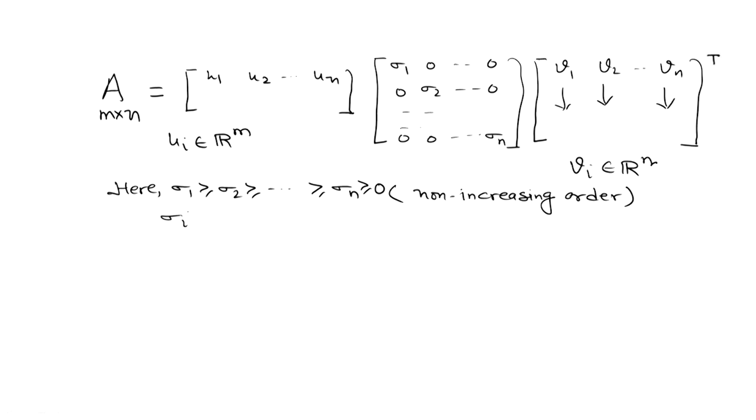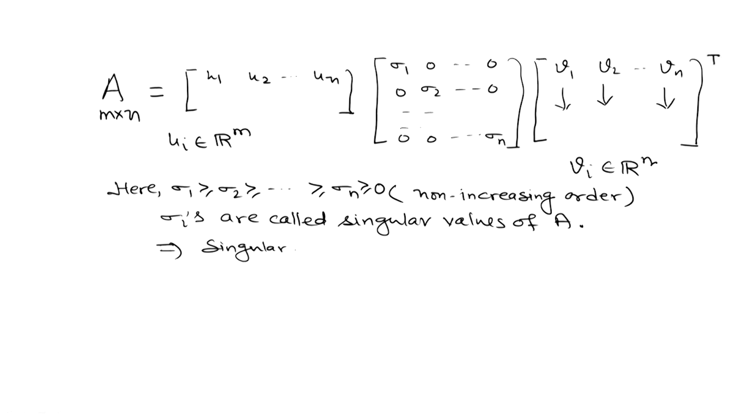These sigma 1, sigma 2, sigma 3 are called singular values of A. Hence, I can say singular values are non negative.